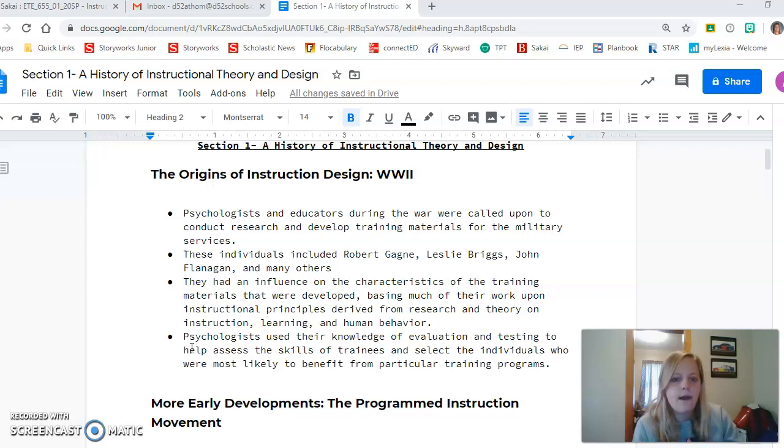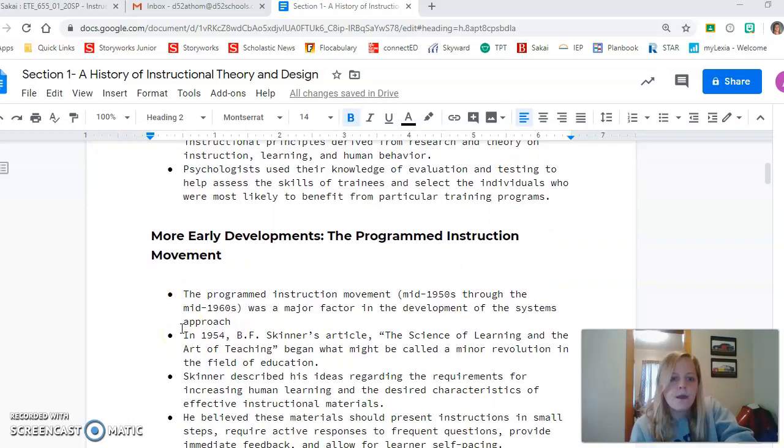They looked a lot at instructional principles, from research and theory on instruction, learning, and human behavior. And psychologists then used their knowledge of evaluation to help assess the skills of trainees and select the right individuals that would benefit from their program.